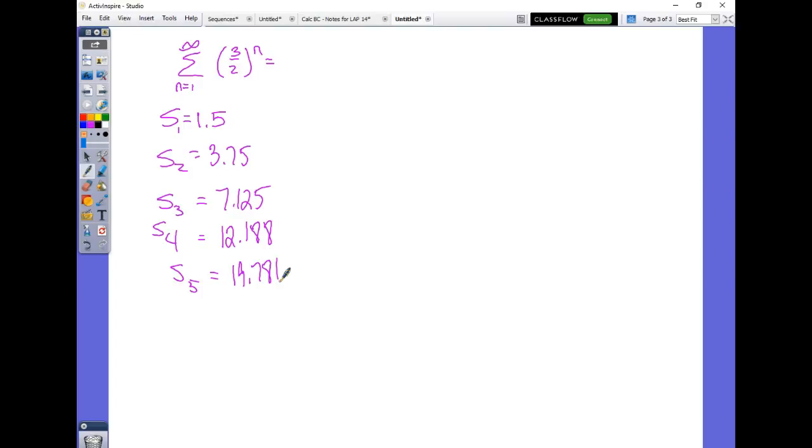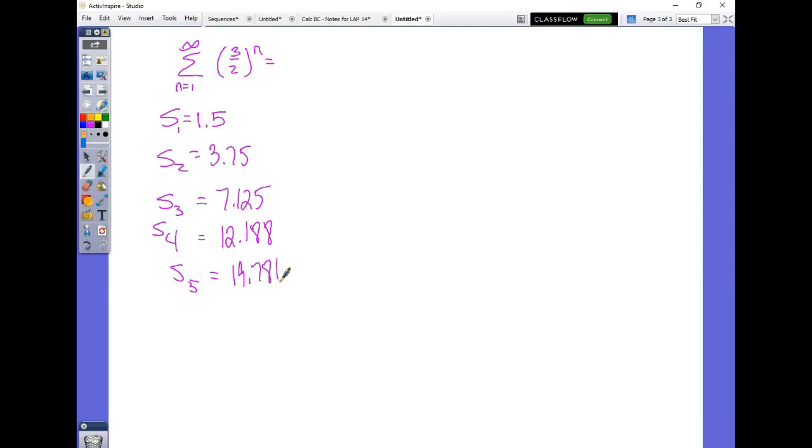We'd go to infinity, right? So it makes sense. Wait, if the sequence keeps getting larger, if I add the pieces together, won't that mean the series will also get? Oh, like it makes sense, right? Versus in the geometric series that converged, when the r was 1/2, we converged. That should not be a surprise.